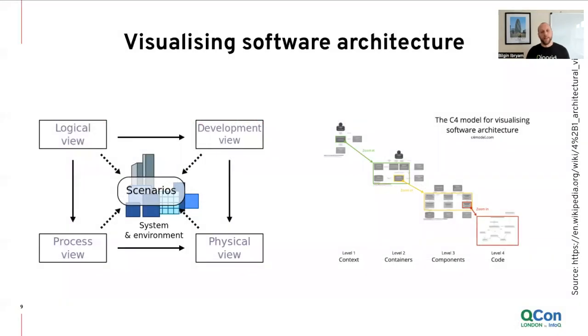Let's see them. There are different aspects of a software architecture and different ways to visualize them. Among popular ways, there is one called the 4+1 architecture model, which includes logical, physical view, process view, development view. This technique pretty much relies on using UML and diagrams for visualizing these different views.